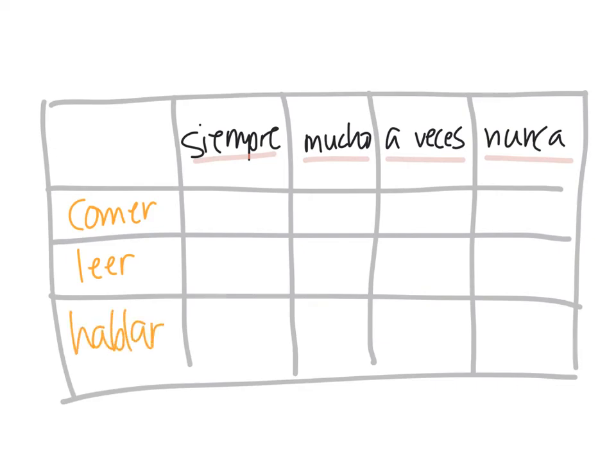If you were answering this, you could say, comer. Como, I don't know, a veces. I eat sometimes. Or leer. Leo mucho. I read a lot. Hablar. Hablo siempre. Or whatever. That way you can know the frequency adverbs. So, a veces como, leo mucho, and siempre hablo would be the different ways of saying those things to describe when you do them or how often you do them.